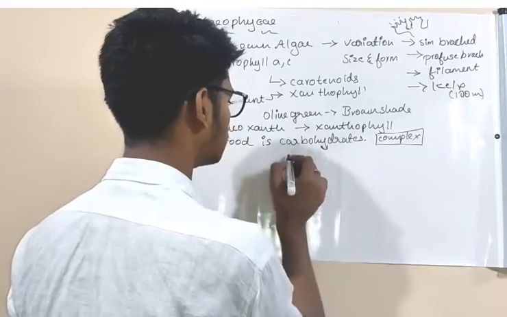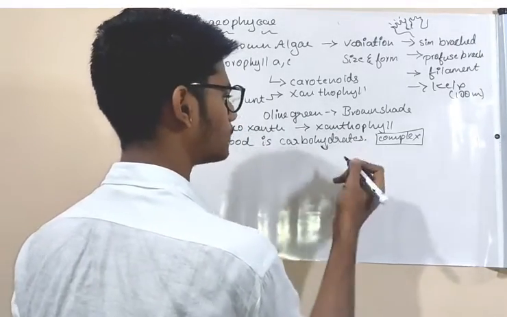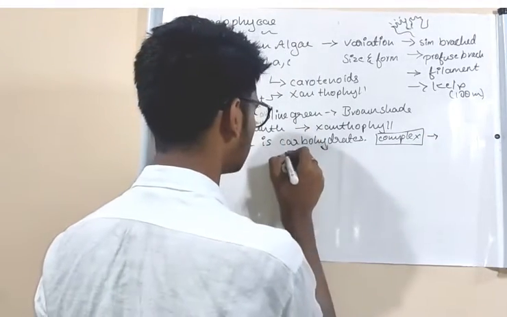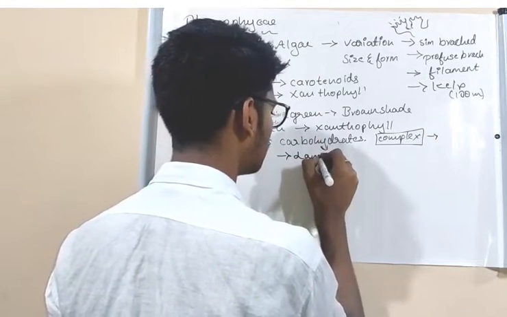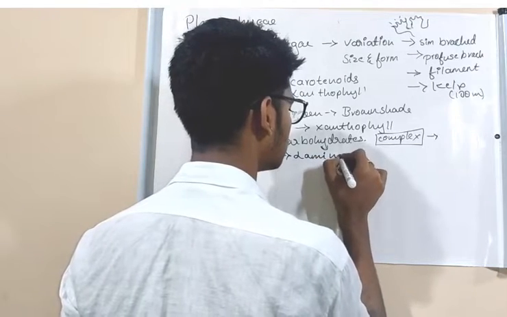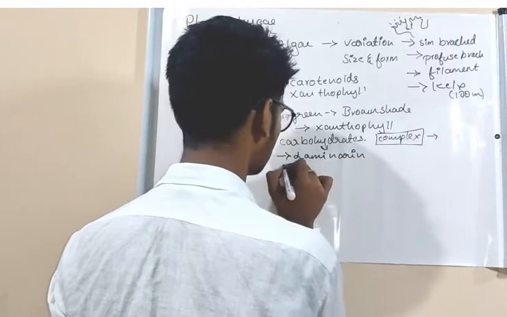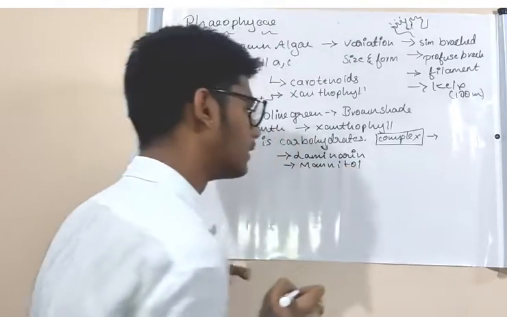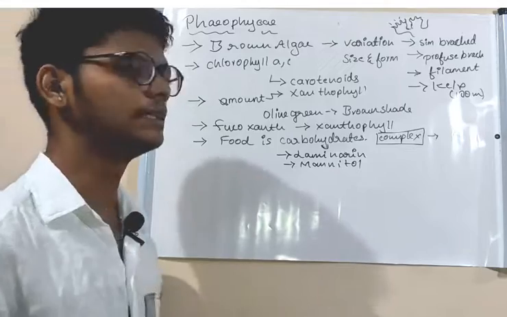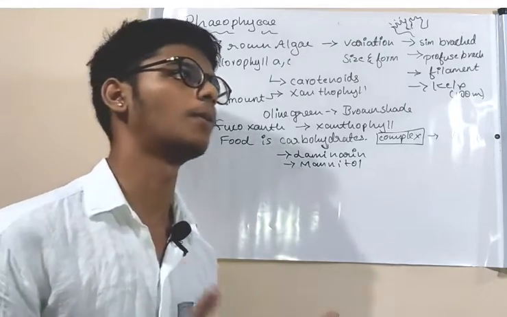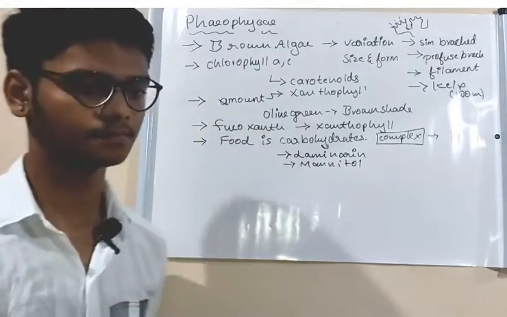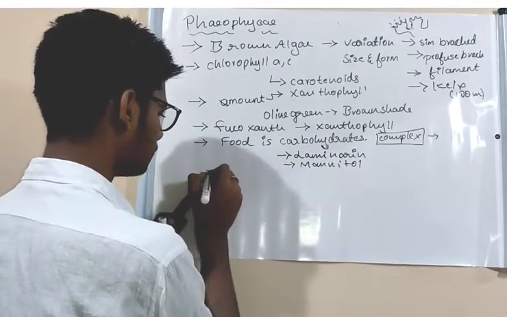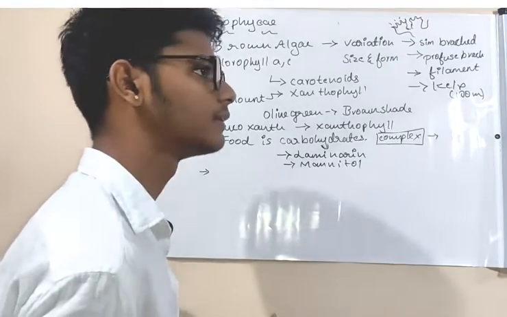Here the type of food stored is called laminarin and mannitol. The food is stored in complex form. So this is about storage.